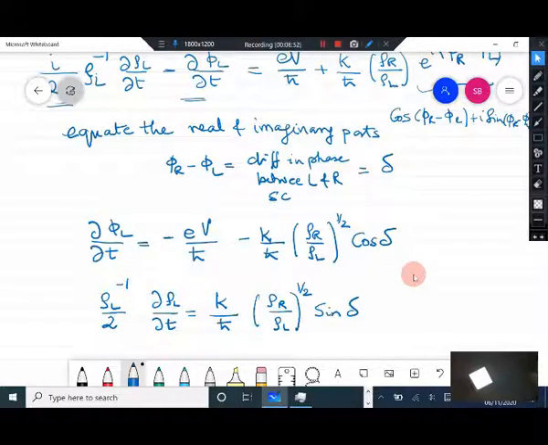This is what you get by equating the real part and the imaginary part.